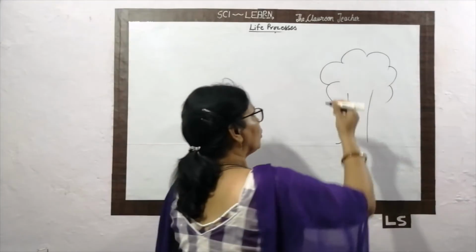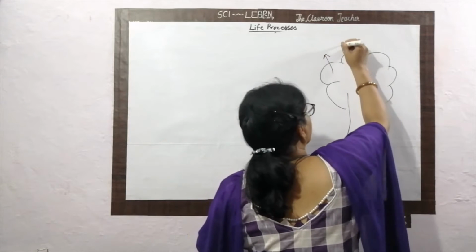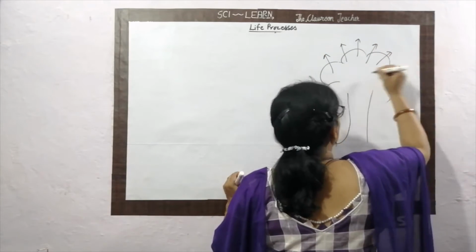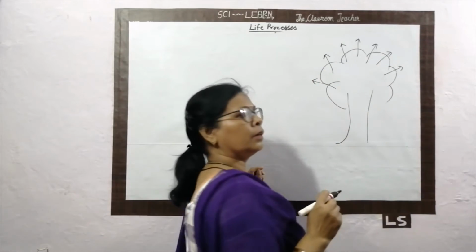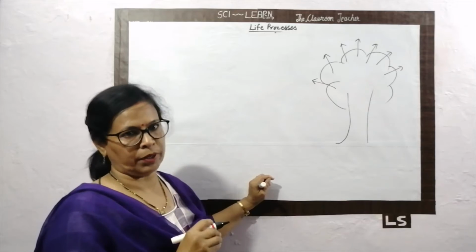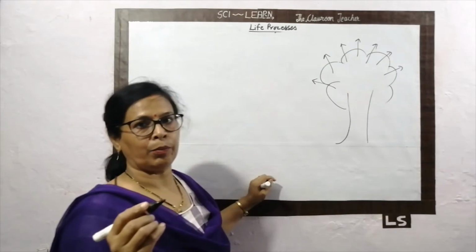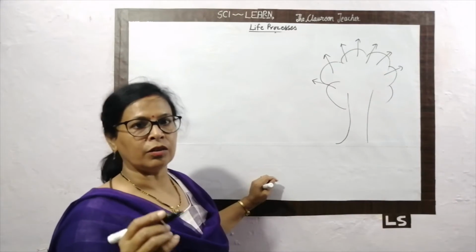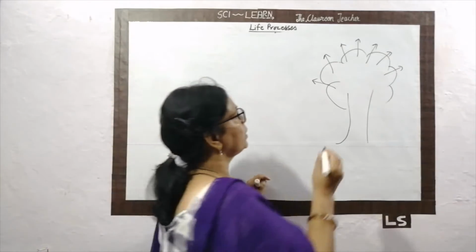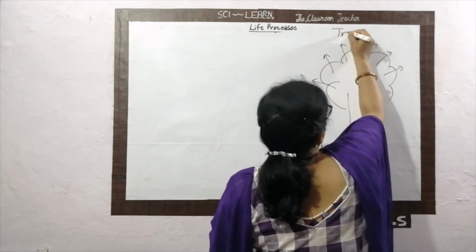Water is evaporated from this surface. When the stomata are open, the water comes out through the stomata, and that water gets evaporated. This process of loss of water in the form of water vapor is called transpiration.